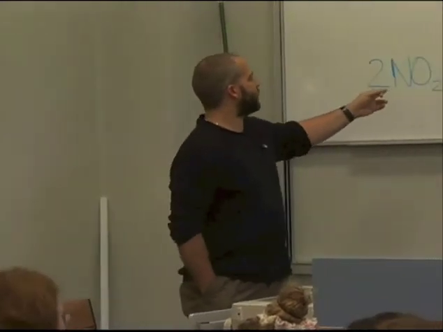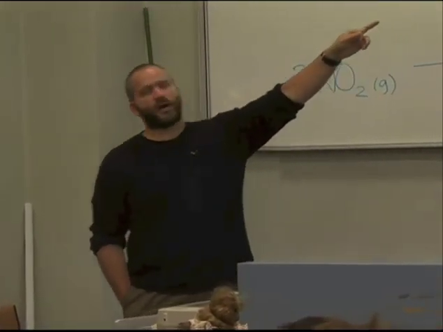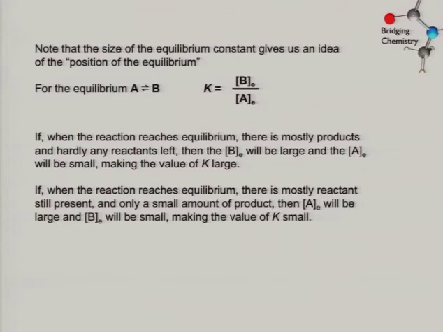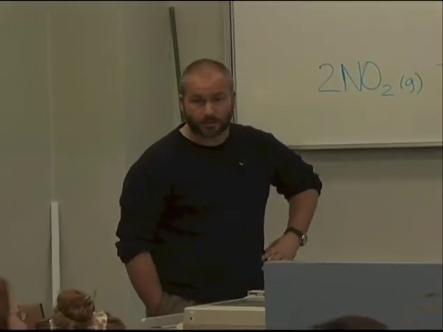Obviously, if at equilibrium you had equal amounts of A and B, then the K would equal 1, because the concentration of B would be the same as the concentration of A, and so the ratio of those two numbers would be 1. Is a small K less than 1? Yes.